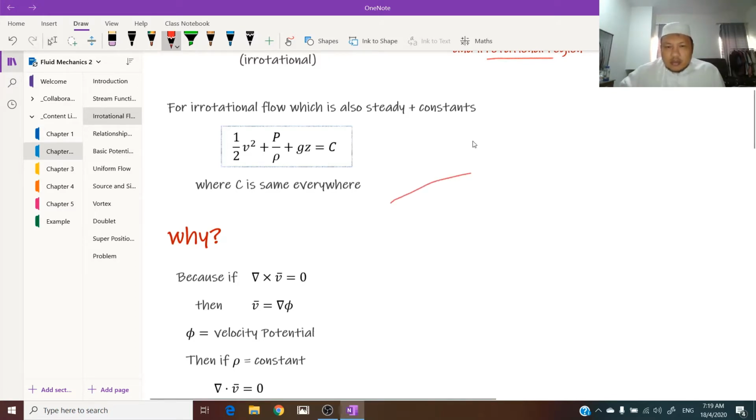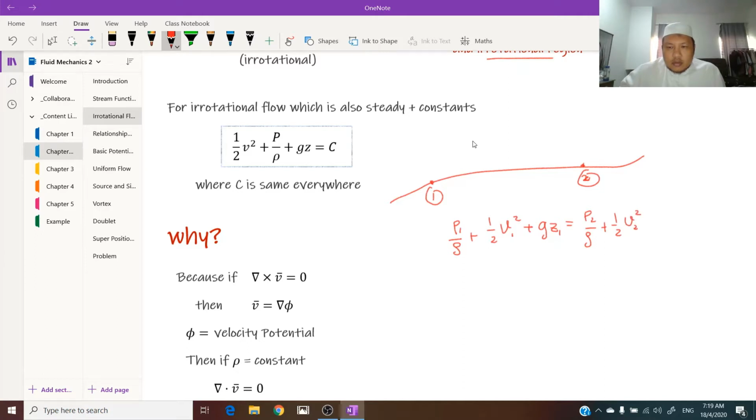If you have streamlines like this, and you measure at point 1 here and point 2 here, we can see from the Bernoulli equation that P1 over rho plus half V1 squared plus gz1 is equal to P2 over rho plus half V2 squared plus gz2.